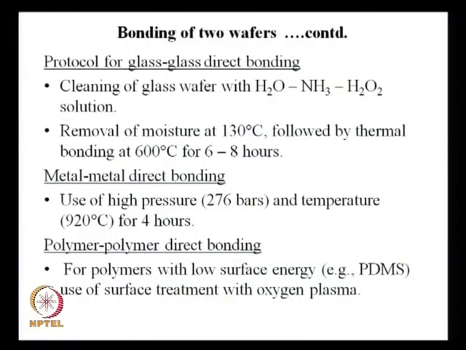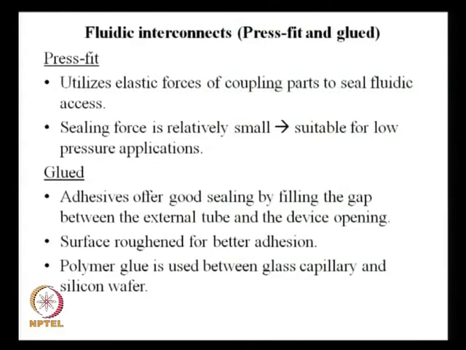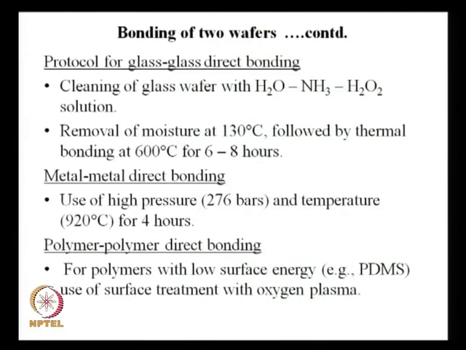Similarly, there could be polymer direct bonding. For polymers with low surface energy such as PDMS, surface treatment with oxygen plasma is necessary. For polymer direct bonding, if you put the two polymer layers together and heat them, the polymer at the interface will melt and you have polymer direct bonding.